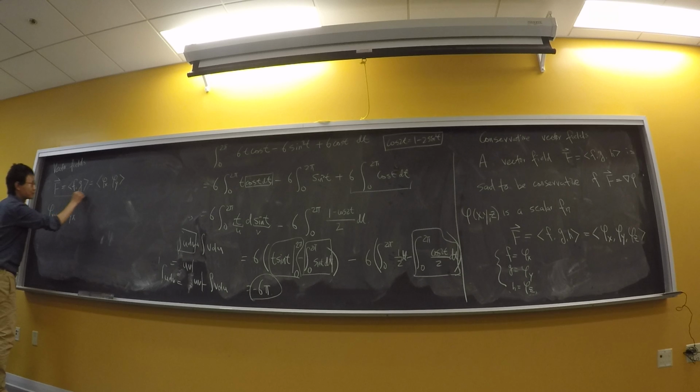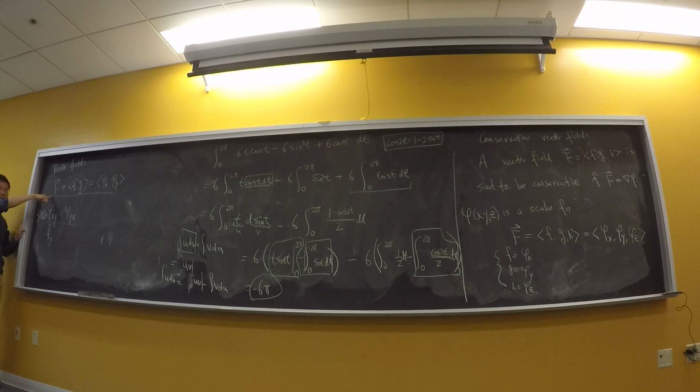If this is true, then according to this formula, f is equal to phi x. So phi xy is taking the partial derivative with respect to y of f. Can you see that? So phi xy is equal to partial y of phi x. This one is taking the derivative with respect to x first and then with respect to y. Essentially, I'm taking partial y acting on phi x.